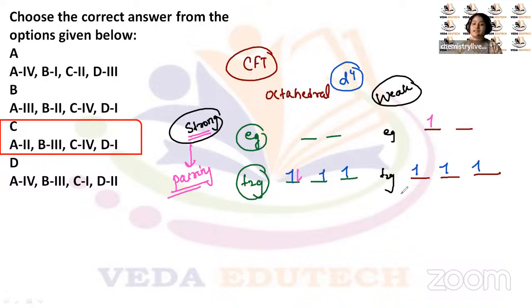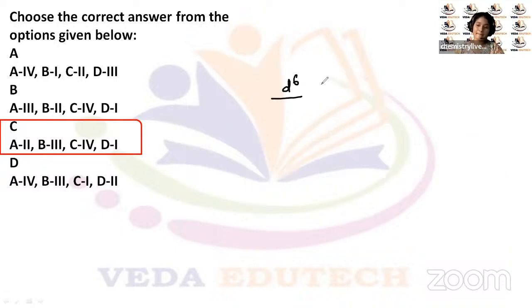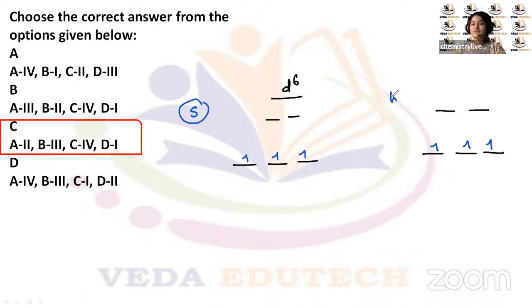So we'll take another example of d6. Let us see d6. So for d6, 1, 2, 3, 4, 5, 1, 2, 3, 4, 5. So 1, 2, 3, 1, 2, 3. Now this one will take strong and this one will take weak.